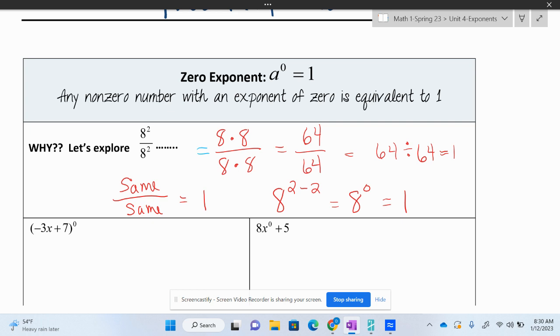We know that equals 1. Then I used the rule that you just learned to make your brain understand what's really going on. When we divide, we take the exponents and we subtract them. 2 minus 2 is 0. But we know that anything that has the same in the numerator and the same in the denominator equals 1. That's why any number to the power of 0 is 1.